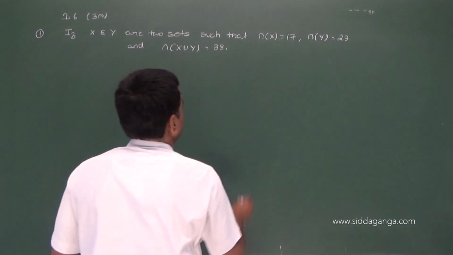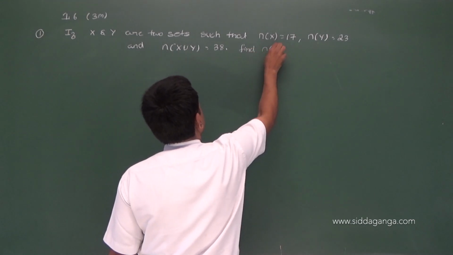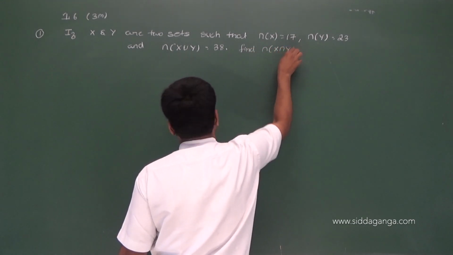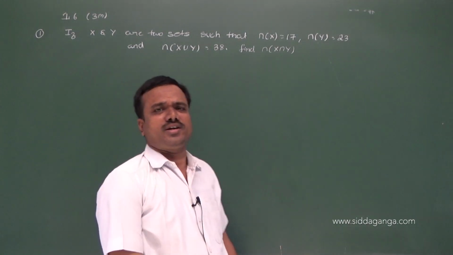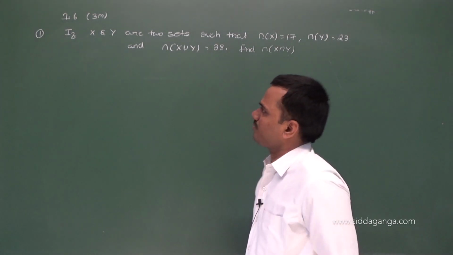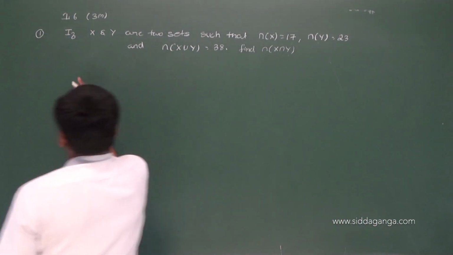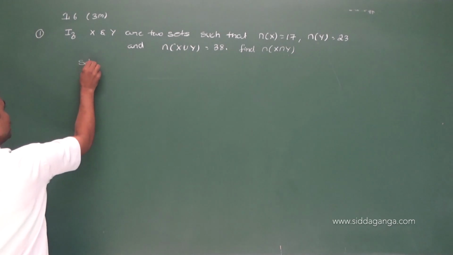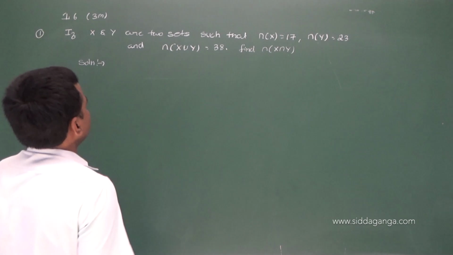What he asks? Find n of X intersection Y. See the problem. X and Y are two sets. Solution.